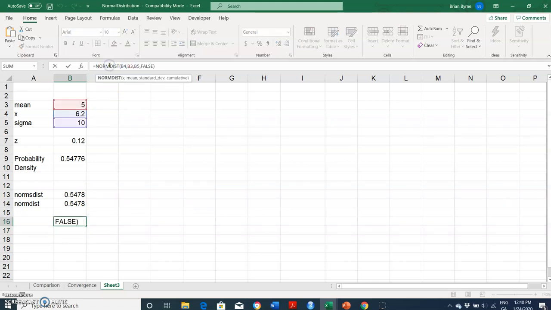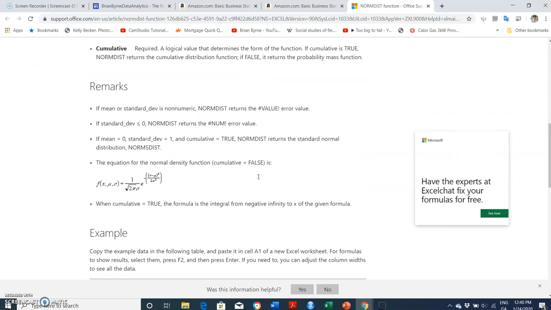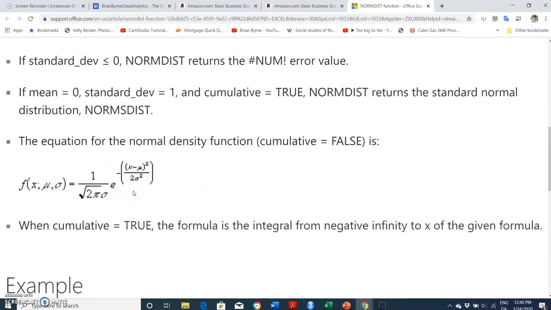Well, we come back here again and just click on NORM.DIST and go into the function for a moment. And what you find is that this normal density function is obtained by using this expression here, where I have 1 over the square root of 2 pi sigma squared, times e to the power of negative x minus mu, squared, over 2 times the variance, 2 standard deviation squared, keeping in mind the exponential has a negative power here.